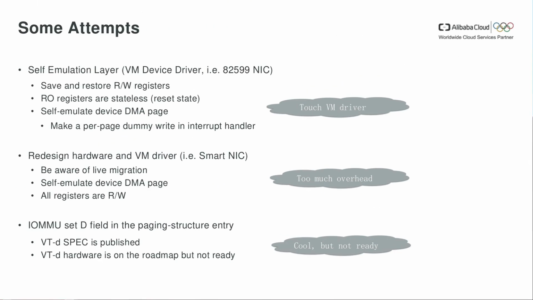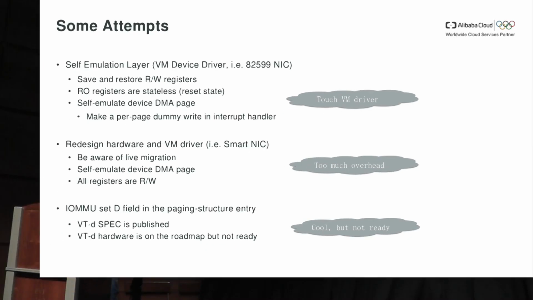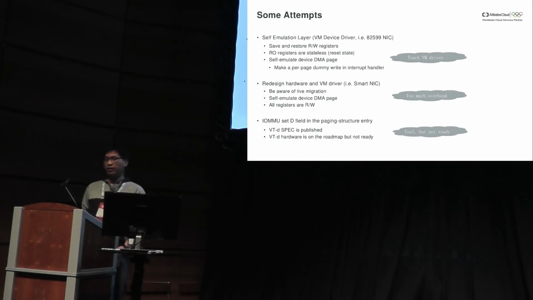Let me introduce these POCs in detail. First is from Intel. Intel introduced a self-emulation layer for Intel NIC. It's based on the VM device driver. They save and restore read-write registers. Read-only registers are stateless.